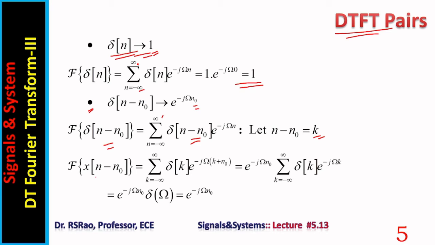It results in the transform of x(n − n0) equal to the sum over k from minus infinity to plus infinity of δ(k) e^{-jω(k + n0)}, equal to e^{-jωn0} times the sum over k of δ(k) e^{-jωk}, which is e^{-jωn0} times δ(ω), which is of course e^{-jωn0}. Hence, for δ(n − n0), its Fourier transform is equal to e^{-jωn0}.